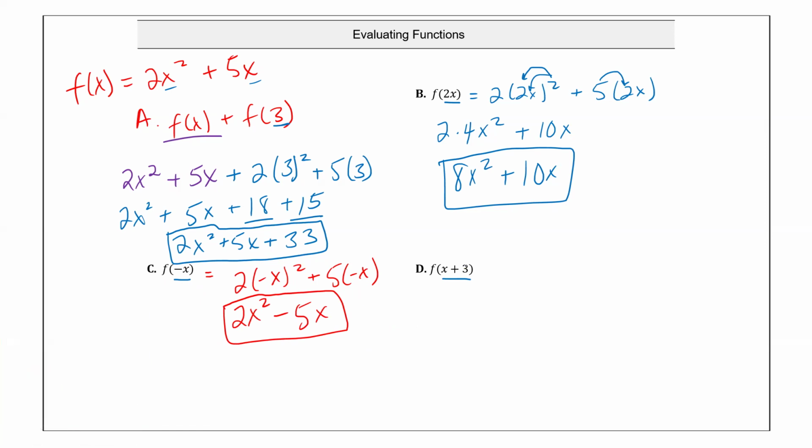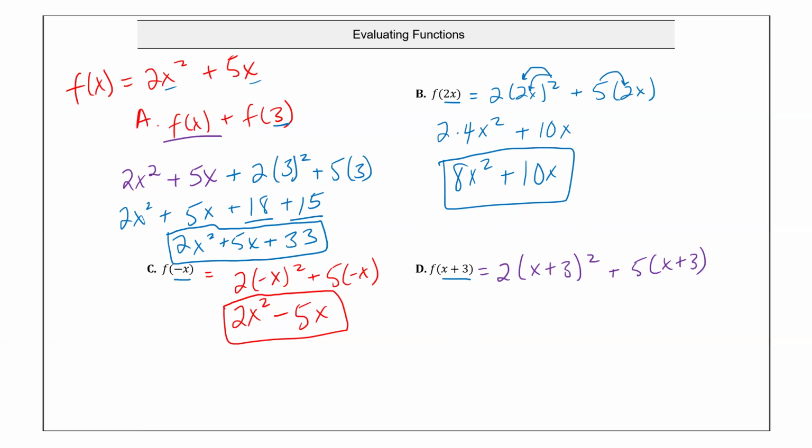All right, next. We're going to substitute. So everywhere x is, it now becomes x plus 3, right? So we have 2 parentheses x plus 3 squared plus 5 times x plus 3. Okay, the square, you have to deal with your exponent first. When you have a binomial square, that means you have 2 of them, right?